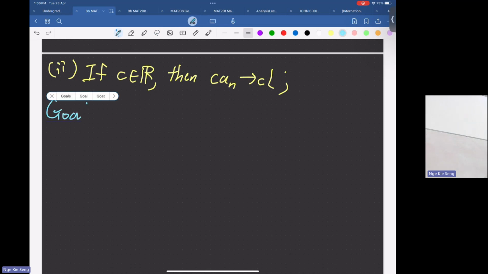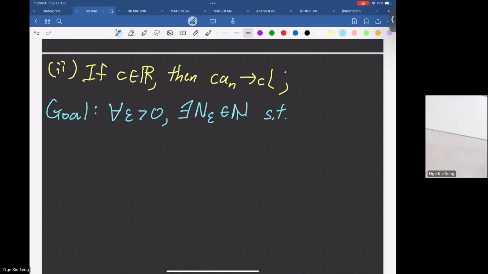What's your goal here? For all epsilon greater than 0, the absolute value of CAn minus CL is less than epsilon. Okay, so this is our goal.